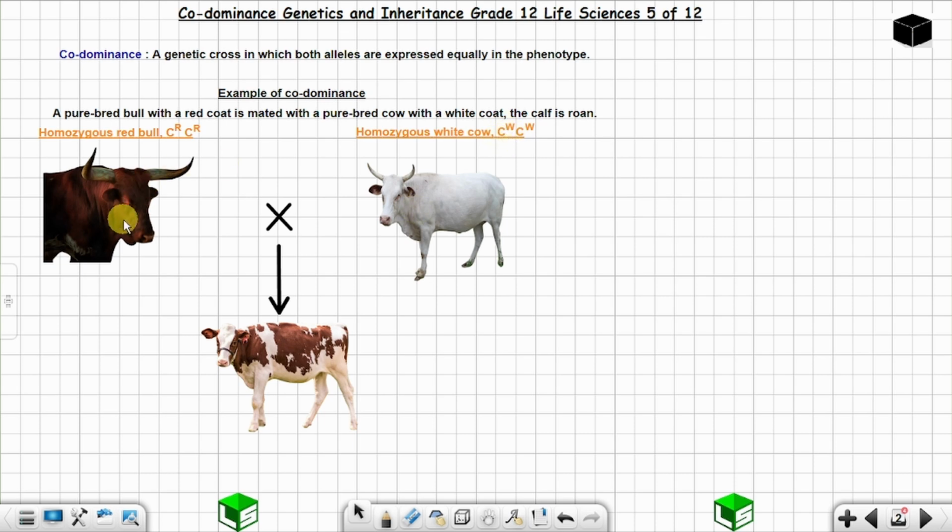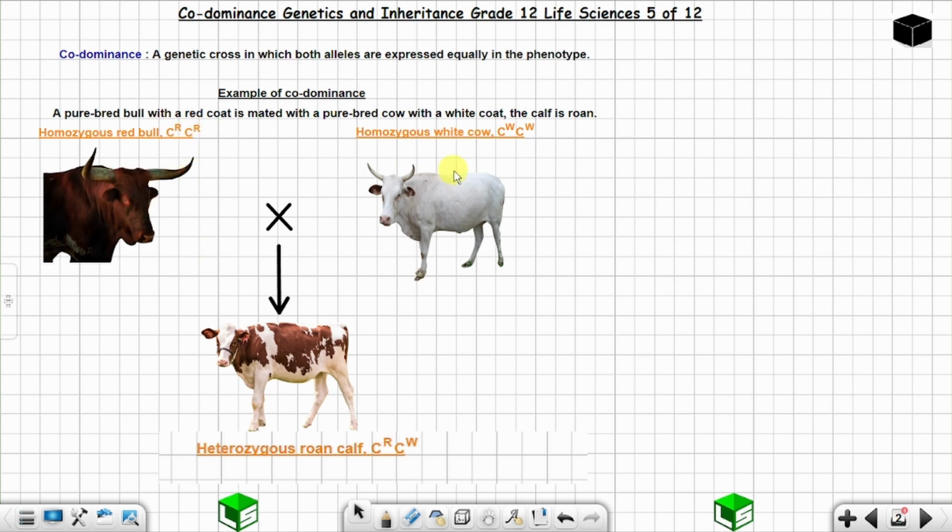When they are crossed, you have a calf which is roan. A calf is the young of a cow. You are going to have heterozygous, because you get the allele from the bull and the allele from the cow: R for red and W for white.